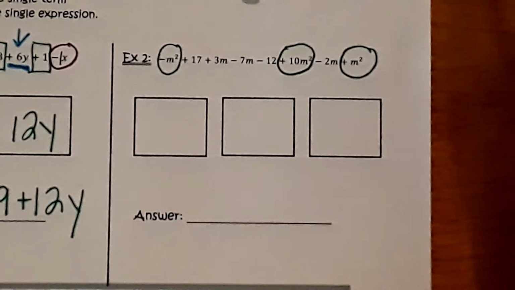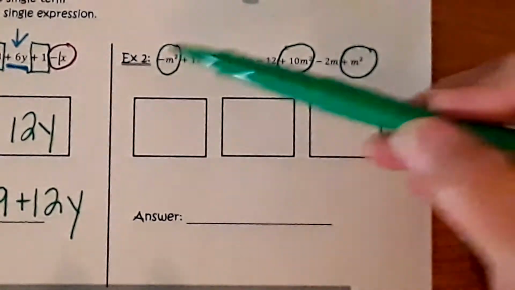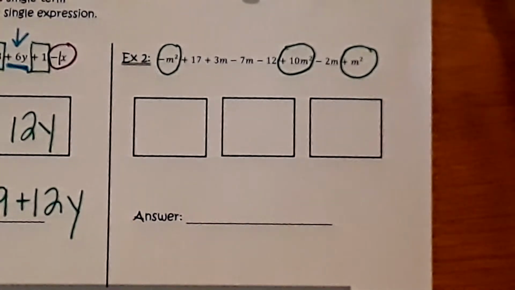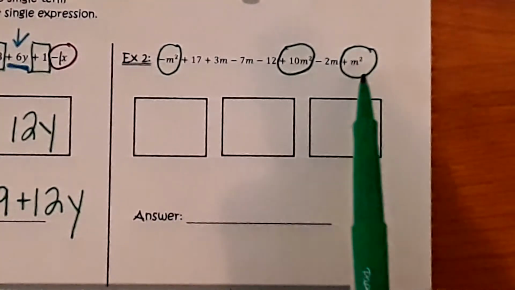Now, what number is in front of the m's? Do you remember what I said? If there's no number in front of it, what is it? Did you guys say 1? It is. So this is a negative 1. This is a positive 10. This is a 1.